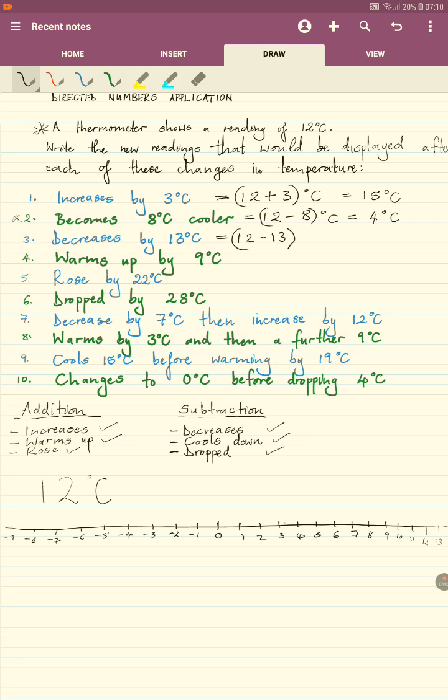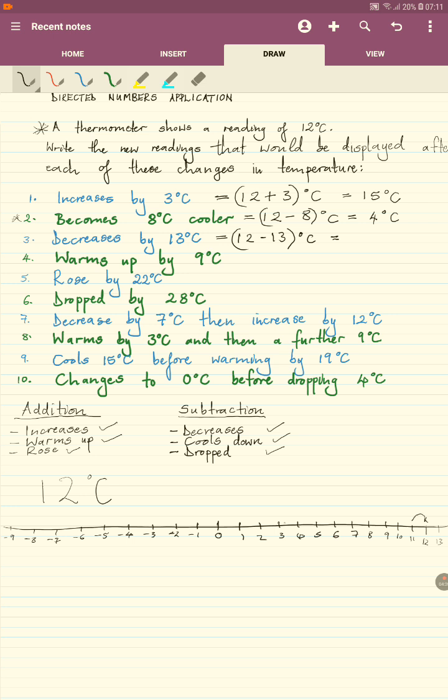So you can have a very long number line practically to match what you want to deal with. This is what my screen accommodates. That's why I've only written a short number line. So now I'm going to say 12 degrees minus 13, which means I'm going to move 13 times from 12. So here is 12.